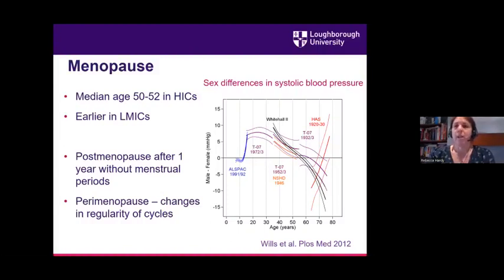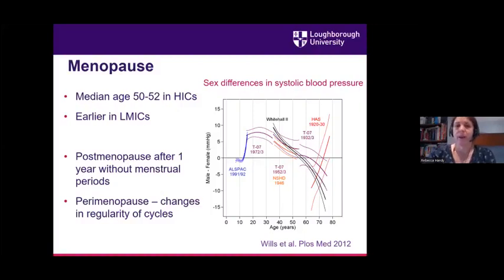So suggesting that there are environmental conditions that impact the age at which a woman goes through menopause. And just to highlight that we define postmenopause after 1 year without menstrual periods, and then that the perimenopause is the period that occurs before that, where you often get changes in the regularity or the characteristics of menstrual cycles.